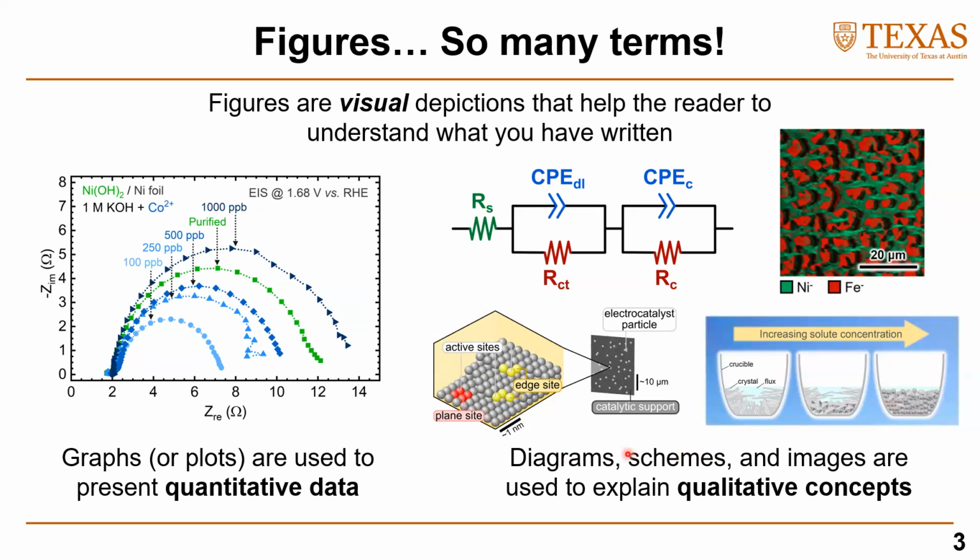So that's the idea. A plot or a graph shows a relationship, right? We show numbers. And in diagrams, schemes, and photos or images, we're just showing concepts, ideas, representations, okay? So if we're talking about figures, we can talk about these two, okay? But if we're talking about graphs, we're only talking about the ones to the left, all right?